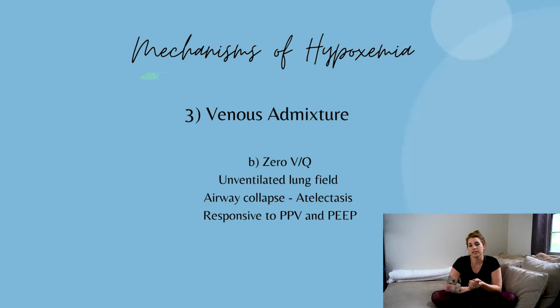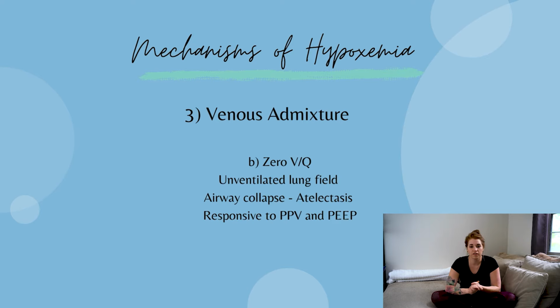The second type of venous admixture is a more severe form of the first, so that is a region of 0 ventilation to perfusion, so 0 V/Q. This means that a region of the lung is absolutely not being ventilated, therefore all of the blood going to that region of the lung is not being oxygenated to any degree.